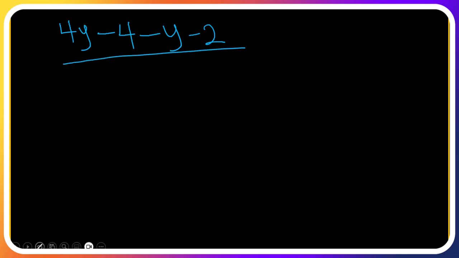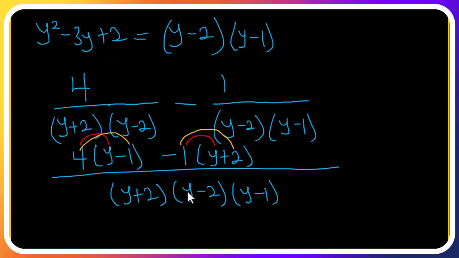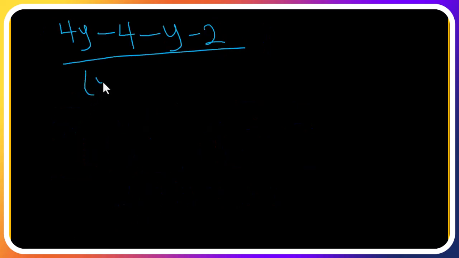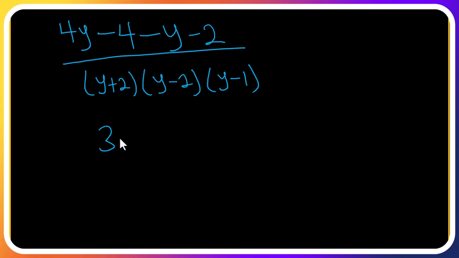All on the denominator, which is y plus 2, y minus 2, y minus 1. So simply 4y minus y gives us 3y.